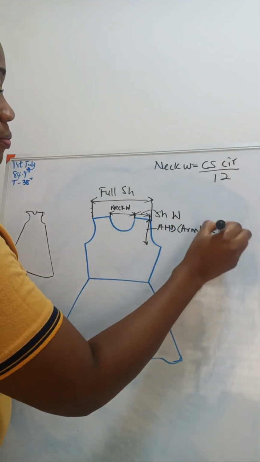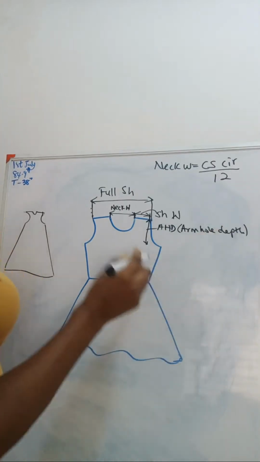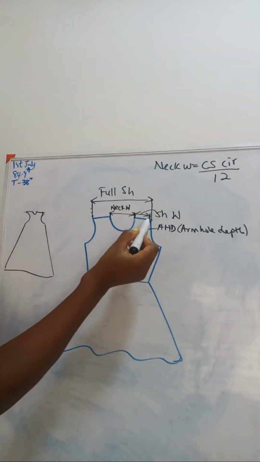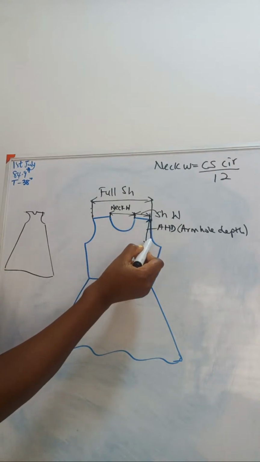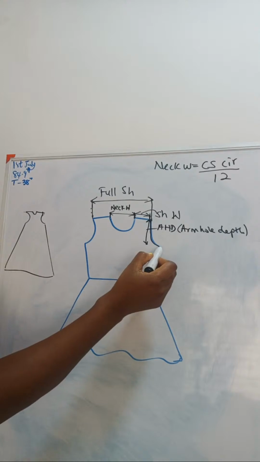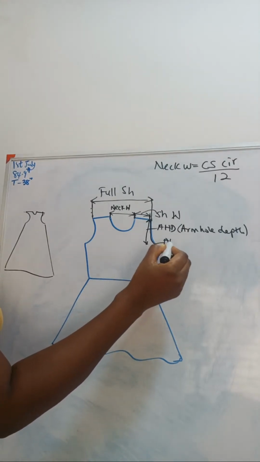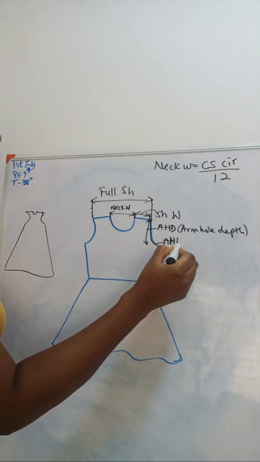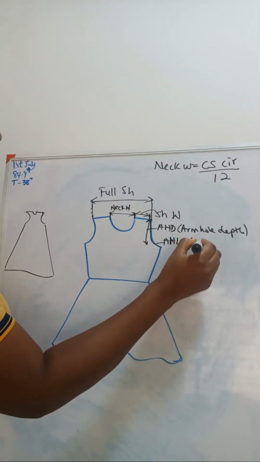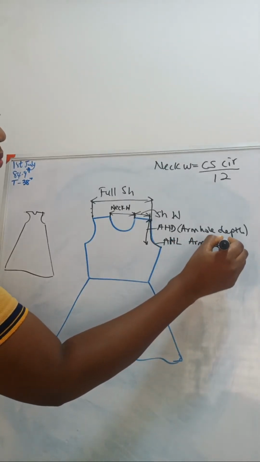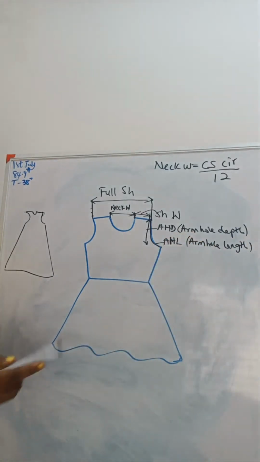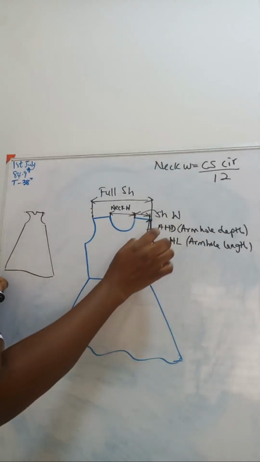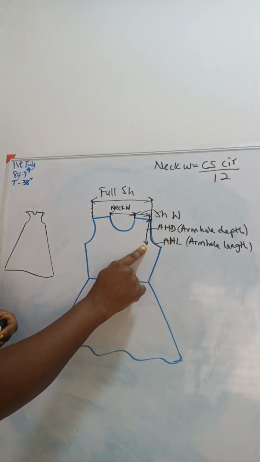And then from the shoulder down along this curve, that is the armhole length. The way you determine the armhole depth is different from the way you determine the armhole length.